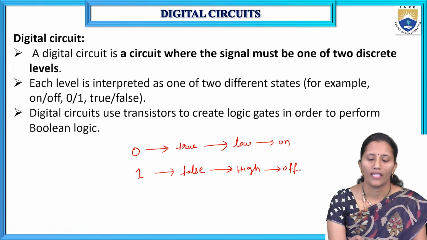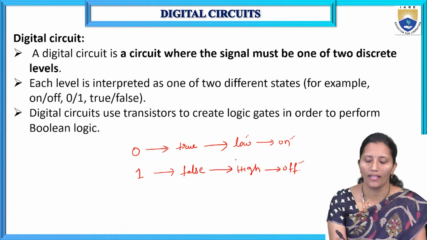Each level is represented as one of two different states: on or off, low or high, true or false, or 0 or 1. So 0 can be represented as true or low voltage value or on state, and 1 can be represented as a false state or high voltage value or off state. Digital circuits use transistors to create logic gates in order to perform Boolean logic.